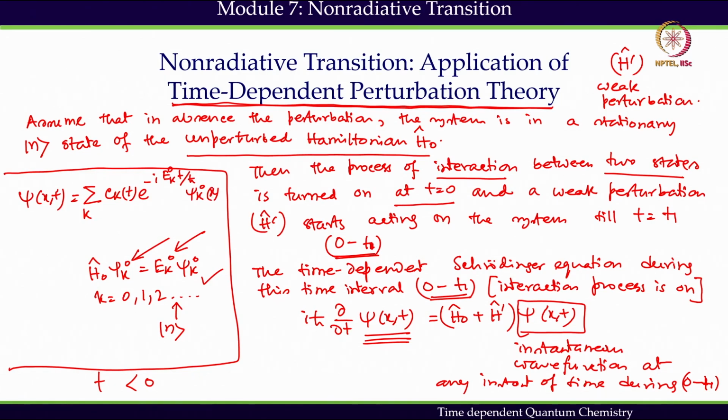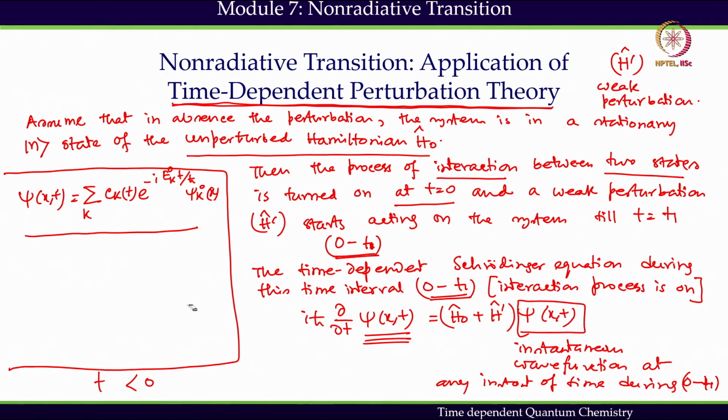So the instantaneous wave function is nothing but a superposition state, and we are taking the superposition of all available states. And this c_k, there is a meaning of c_k here. What is the meaning of c_k? c_k is the contribution of each state.